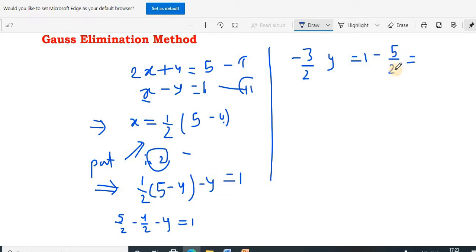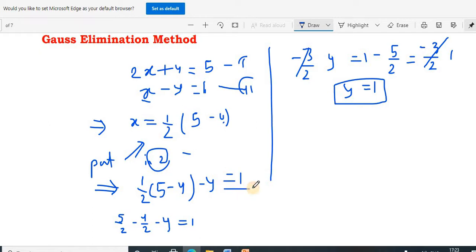Simplifying this, 2 minus 5 is minus 3 upon 2. So minus 3 by 2 y is equal to minus 3 by 2, which gives y equal to 1, as the minus 3 by 2 gets cancelled. Now we get the value of y.